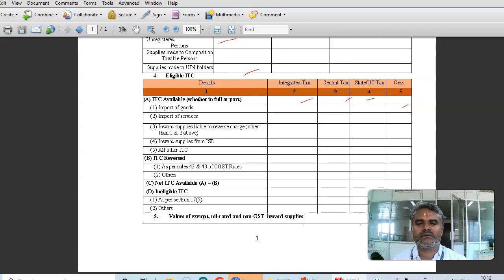ITC available: import of goods and services, inward supplies, inward supplies from ISD, other ITC, then ITC reversal, net ITC available, ineligible ITC, then final payment. So these are the calculations we made at the time of calculation of input tax.